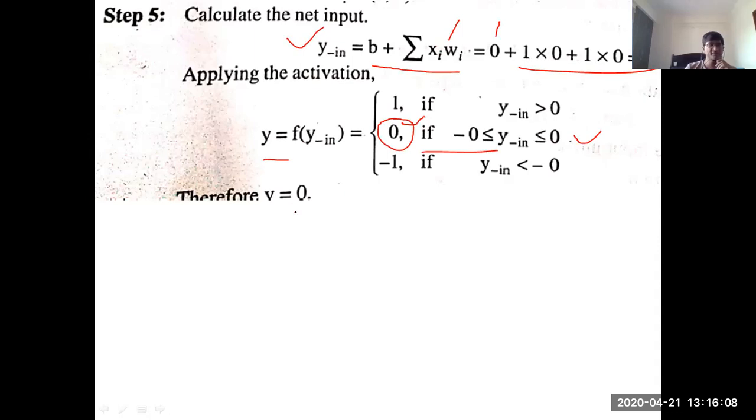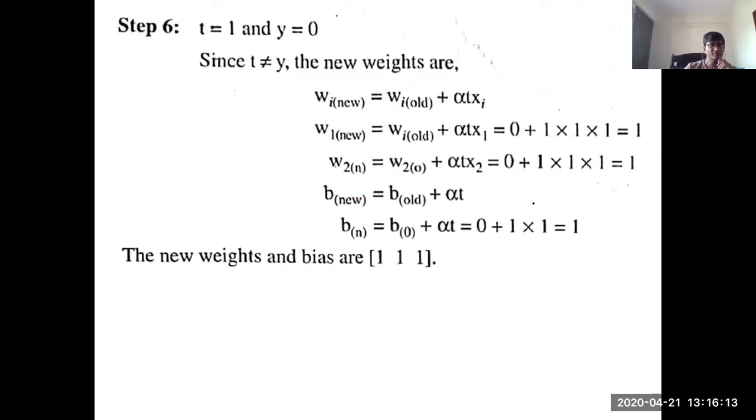Therefore y becomes 0 for the input 1, 1. Since the target was 1 and the calculated output is 0, both mismatch.